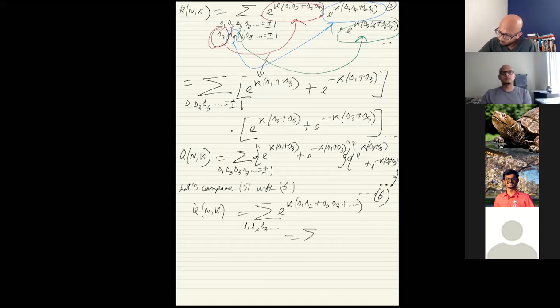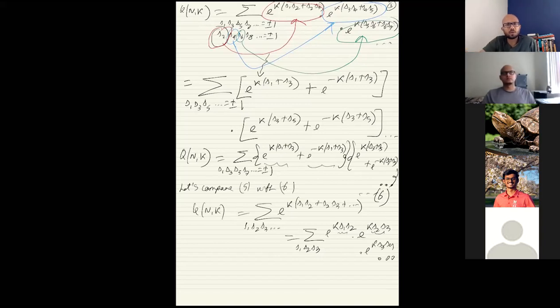So that is the same as saying the sum of e to the power k S1 S2 multiplied by e to the power k S2 S3 multiplied by e to the power k S3 S4, right? So if you compare 5 with 6, they don't look very similar, right? It's complicated because in this one, you had just a product of two spins, S1, S2, then again followed by a product of two spins, S2, S3. This looks something different. So we were able to decimate the even numbered spins.